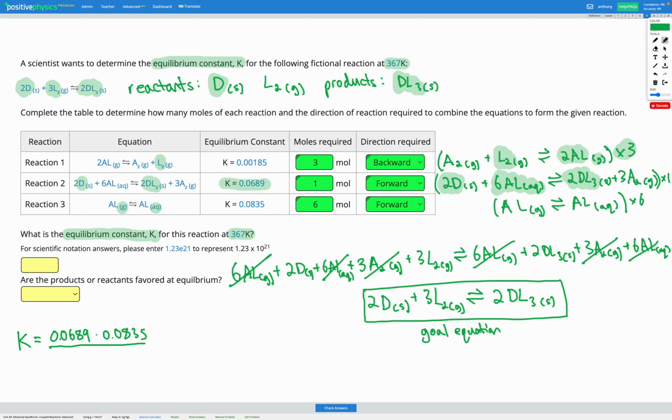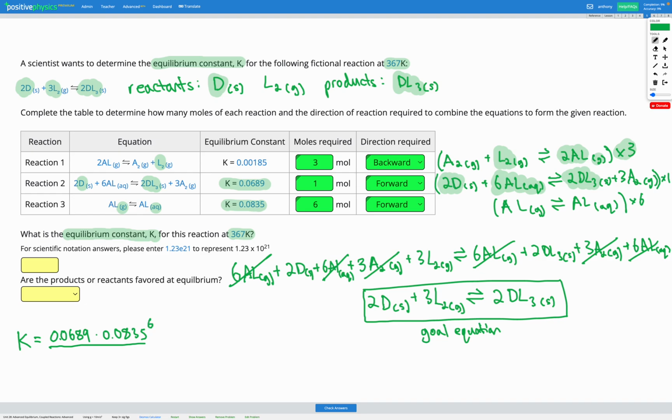And this is where I got those numbers from for step 2 and 3. However, we also need to use the number of moles required as the power on those. So we're going to have 0.0689 to the power of 1. But remember, to the power of 1 is just the same as the number itself, so we don't need to include the 1 there. For step 3, we've got 6 moles of that, so it's going to be 0.0835 to the power of 6.